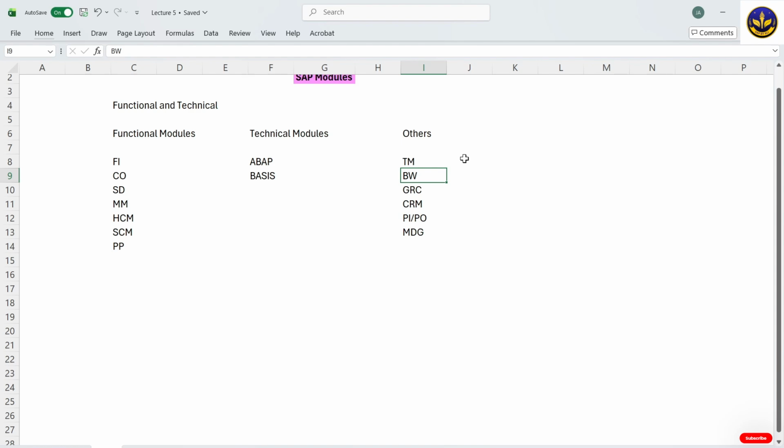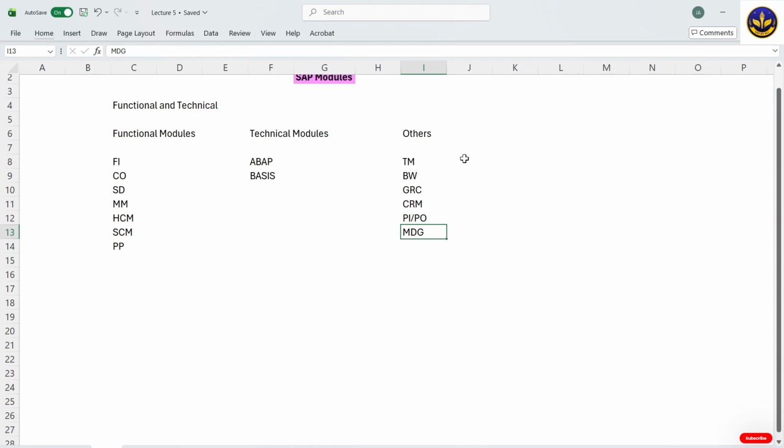Then GRC, which stands for governance, risk, and compliance, and customer relationship management. Then process integration and process orchestration, which are used as middleware or help in the integration of SAP with third party interfaces. And then MDG, which is related to master data governance.